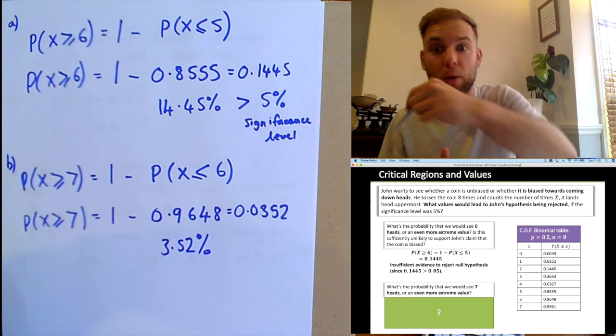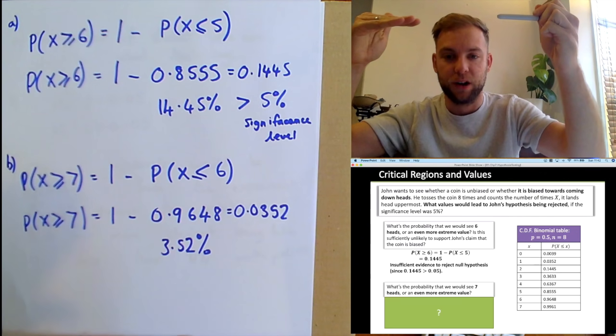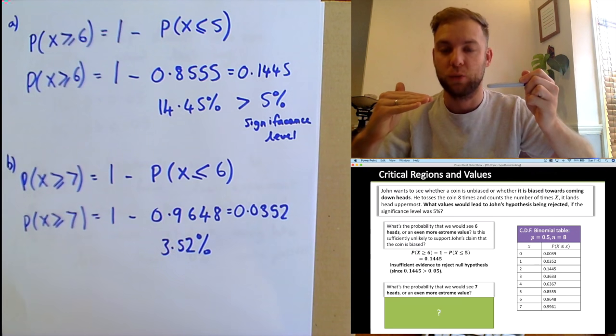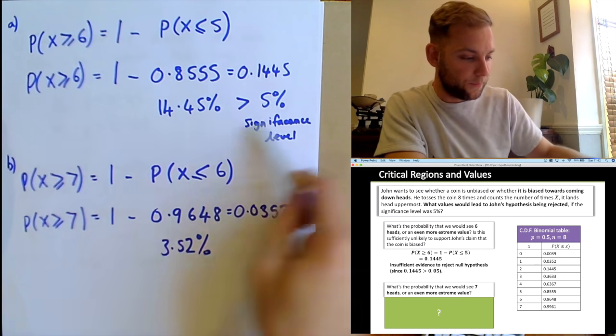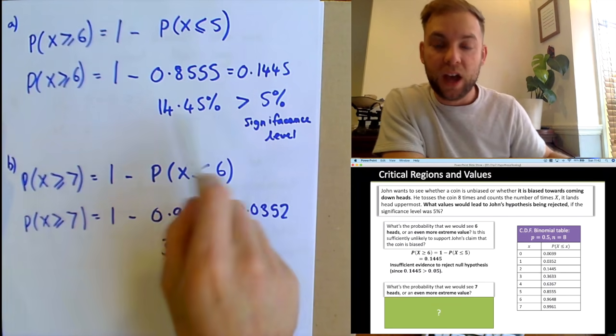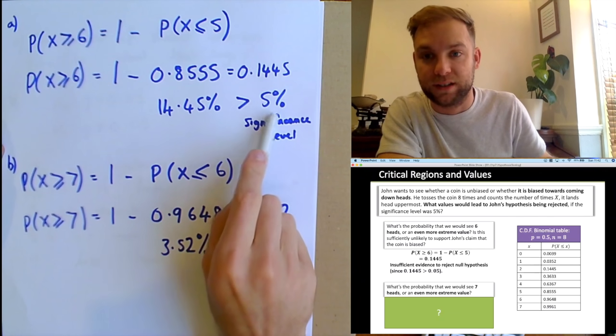In that case, back to what I was saying before, I would reject H0 and I would accept H1 to say that yes, the coin is biased. This here, if I got 6 outcomes, I would say that the coin is not biased because it's not below the significance level.